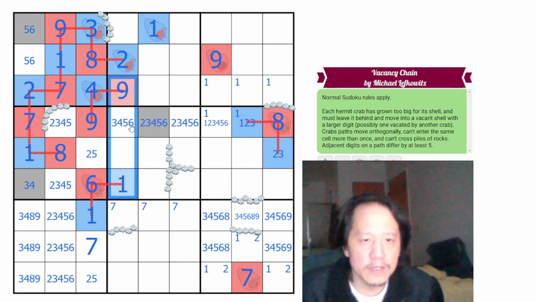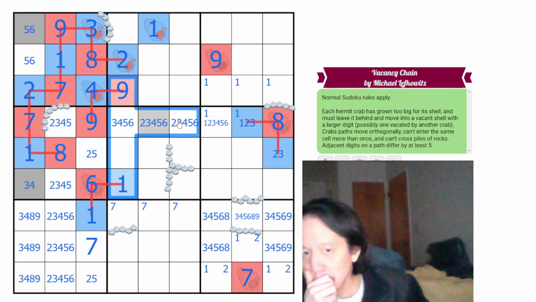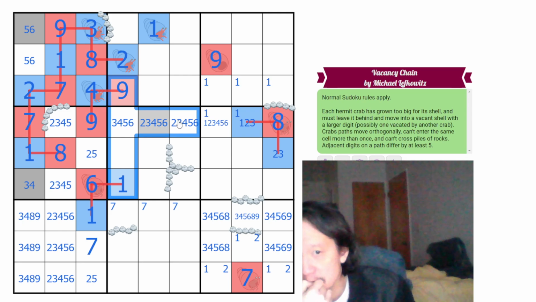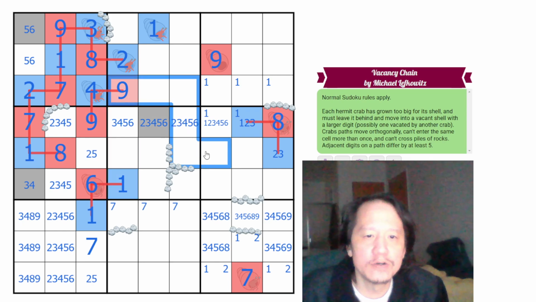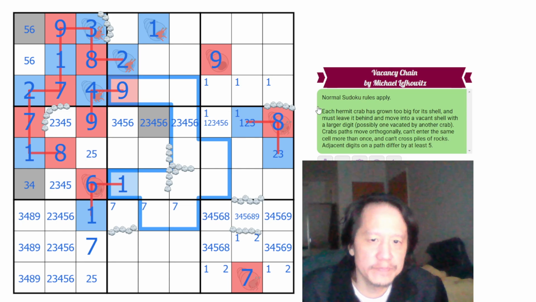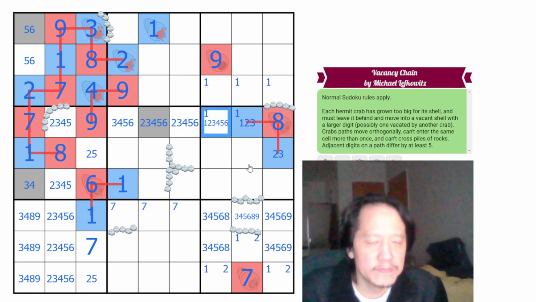This can't be 9, this can't be 9. Okay. So say it tried to go around here. It's possible still, right? Yeah, because the 8 can connect with the 9.